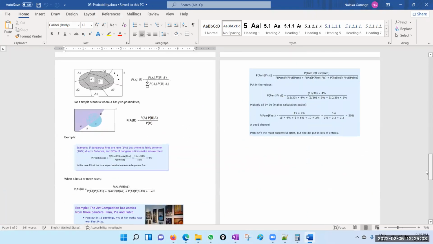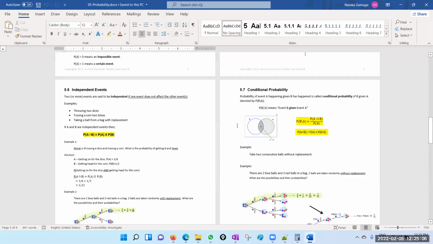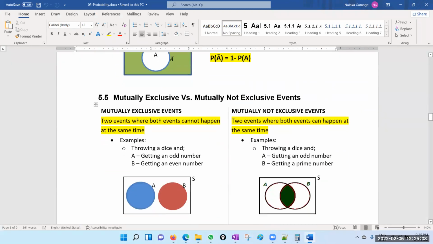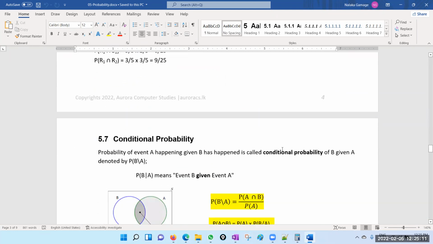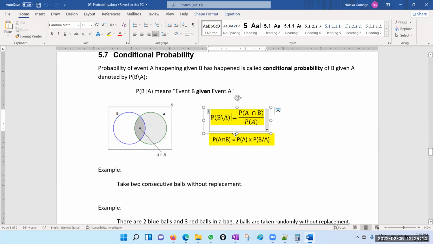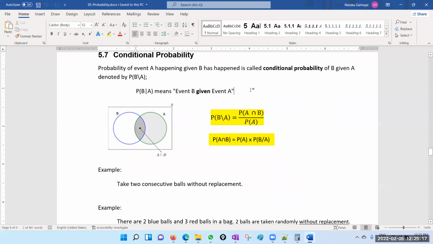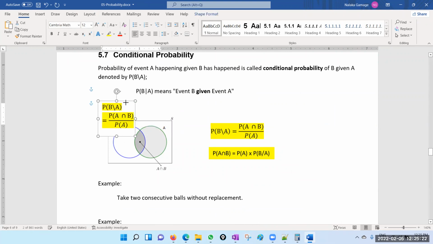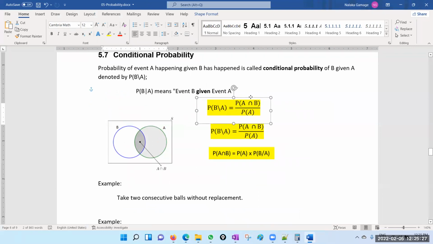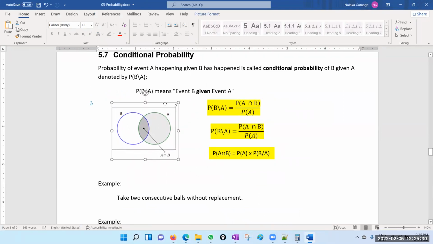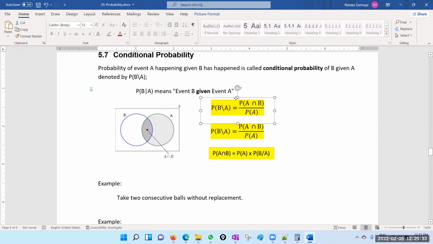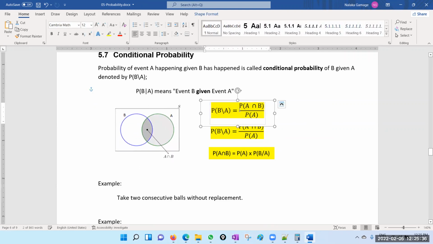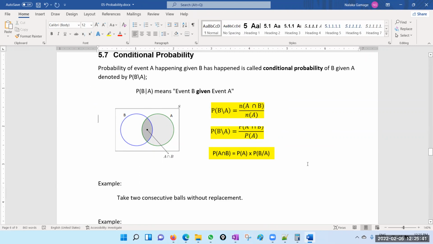Because I have forgotten to add that. That is starting point. Okay.